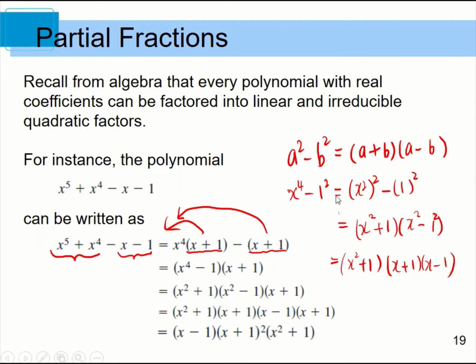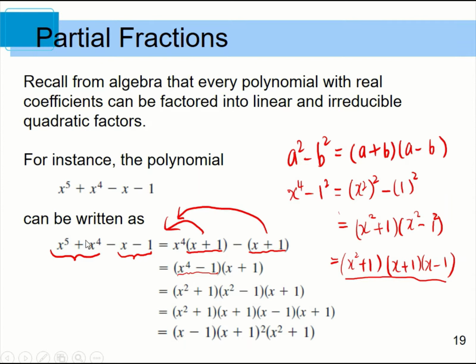Now, for x to the power of 4 minus 1, we replace it with these three factors: x squared plus 1, x plus 1, x minus 1. Because x plus 1 appears twice, we have a square here.